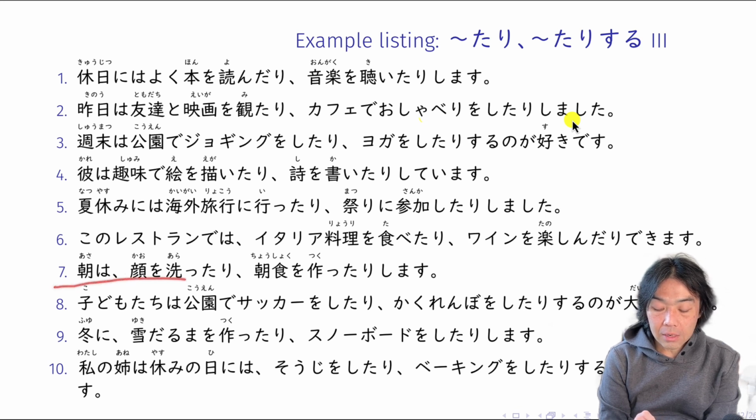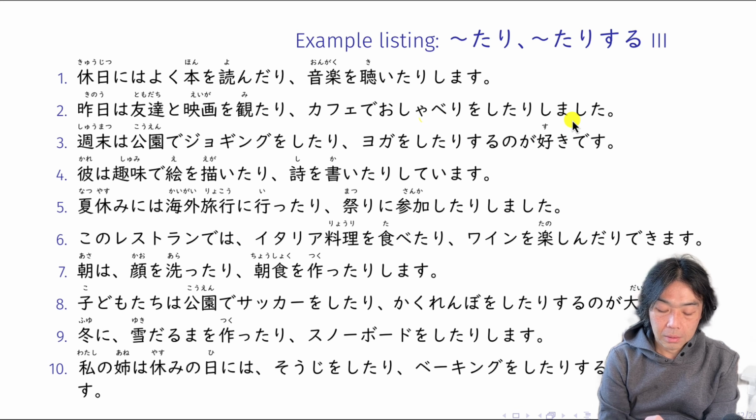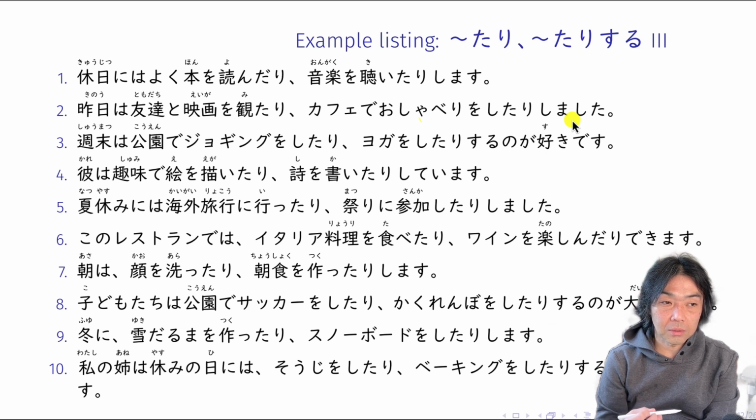7番、朝は顔を洗ったり朝食を作ったりします。8番、子供たちは公園でサッカーをしたりかくれんぼをしたりするのが大好きです。かくれんぼ is hide and seek. 9番、冬に雪だるまを作ったりスノーボードをしたりします。10番、私の姉は休みの日には掃除をしたりベーキングをしたりすることが趣味です。ベーキングします is literally translated as do baking.